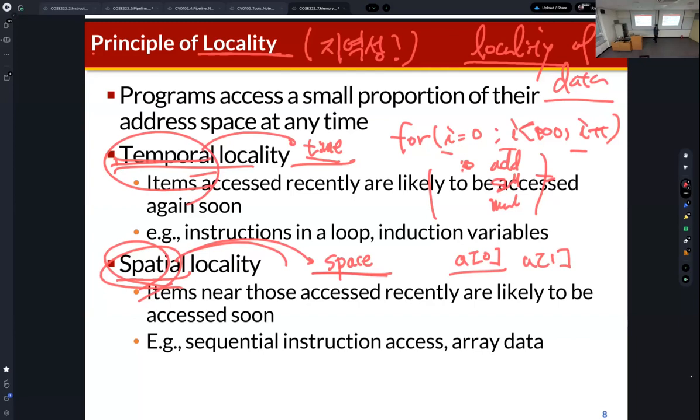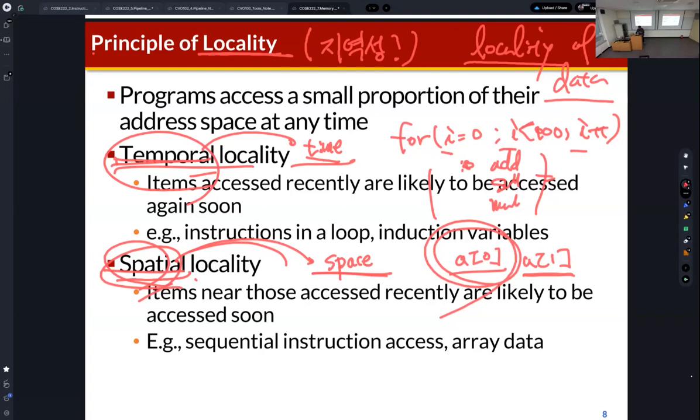There are many elements in the array, so if we access one element, then the next element, like A1, will be accessed in the near future. So spatial locality means that if a certain data is accessed, then the near data will be accessed in the near future.